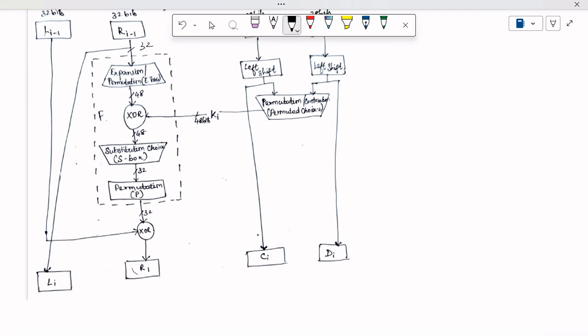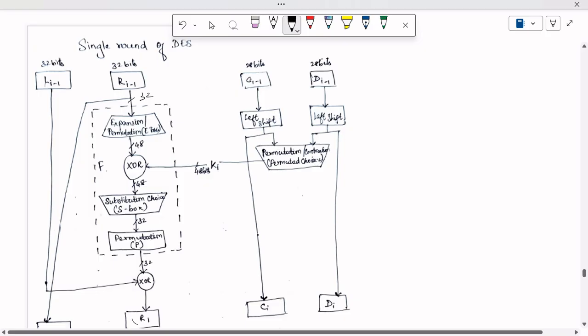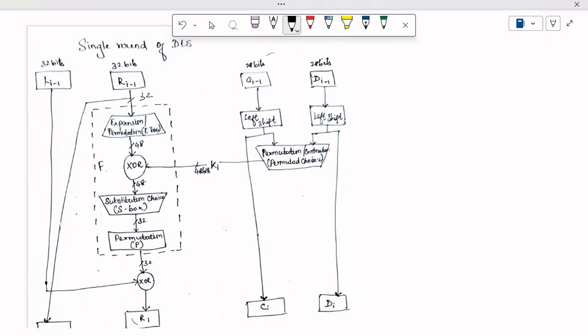Next round. And with regard to the key scheduling, here we can see just an overview. The 56 bits are divided into two halves, 28 and 28 bits, and each 28-bit half goes through a separate left shift. You can see we have 56 bits, which should be reduced to 48 bits.